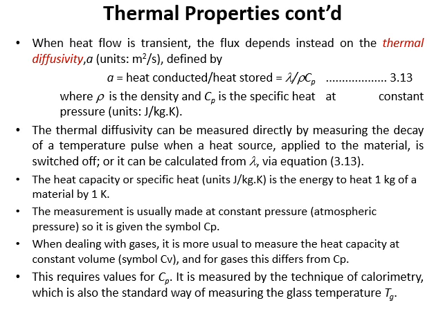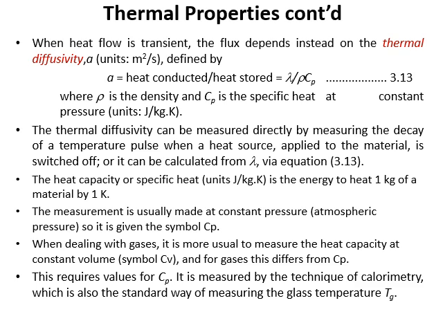The heat capacity or specific heat, in unit joule per kilogram Kelvin, is the energy to heat 1 kilogram of a material by 1 Kelvin. The measurement is usually made at constant pressure, atmospheric pressure, so it is given the symbol Cp.